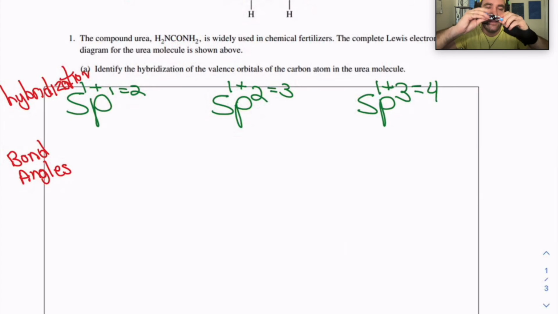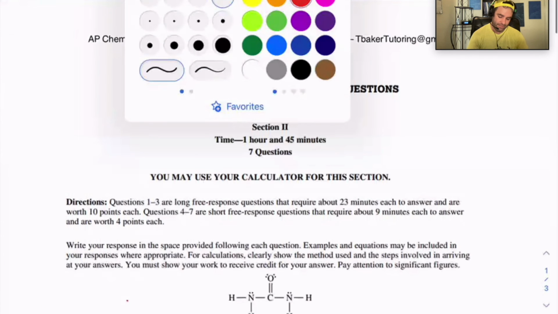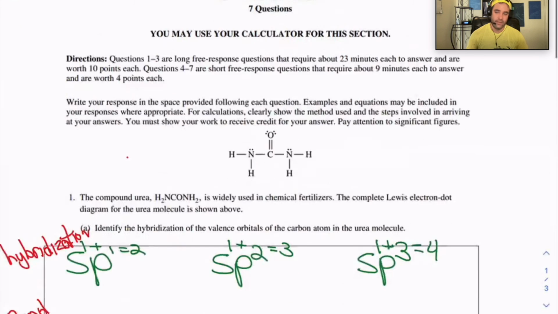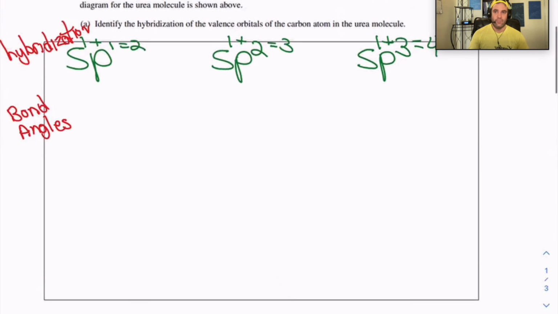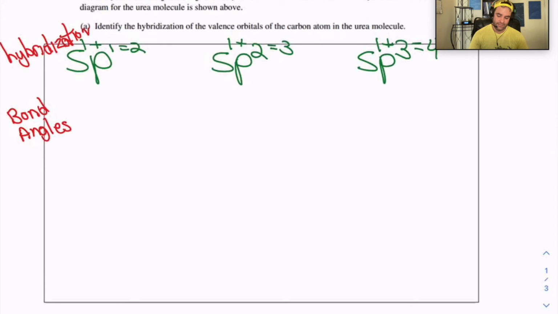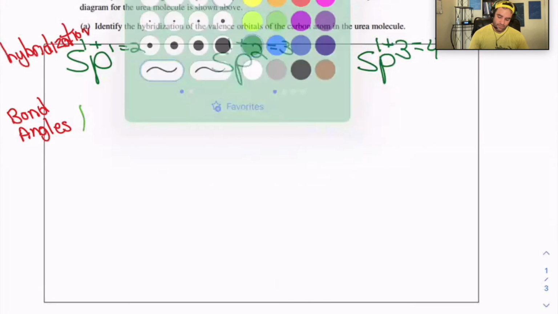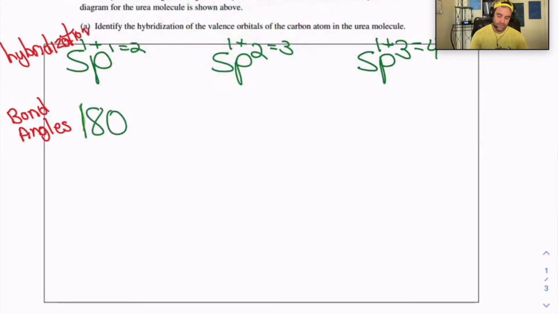You might guess 180, and that's what the answer is. And keep in mind, for at least AP, if you're in college chem, that's going to be different. But even if you're in college chem, just understanding these is the most important. The bond angle is 180 for SP1.